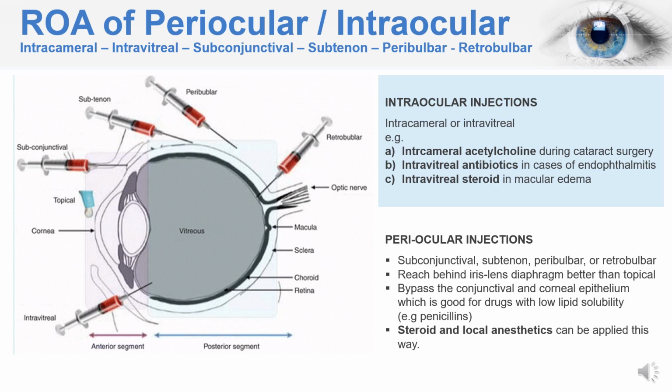Periocular routes include subconjunctival, subtenon, retrobulbar, and peribulbar administration. These routes are used to deliver drugs to the posterior segment of the eye. The posterior subtenon route has been demonstrated to deliver the highest concentration in the vitreous with minimum systemic level compared to other periocular routes.